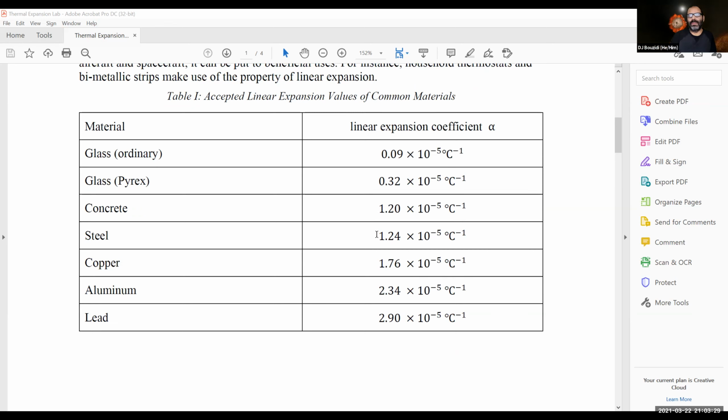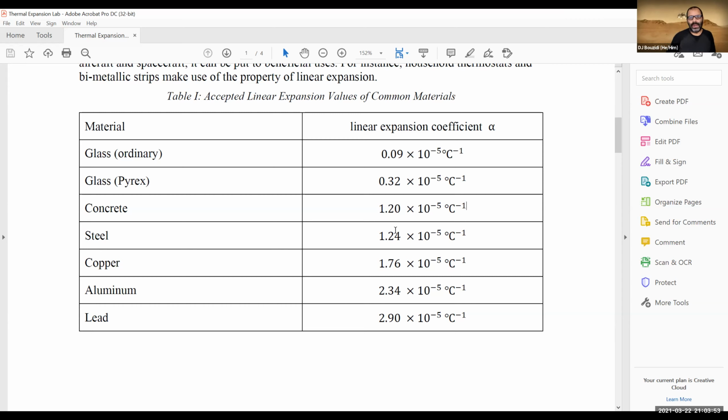A particular case that usually interests us is the case of steel and also concrete, because if you build a building, you would want to know how much they change. The coefficients are not too far from one another. That's why steel is actually a good material to be used in construction, because they will expand in the same fashion, more or less.